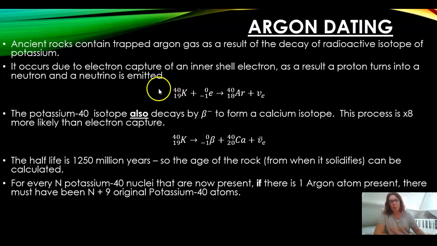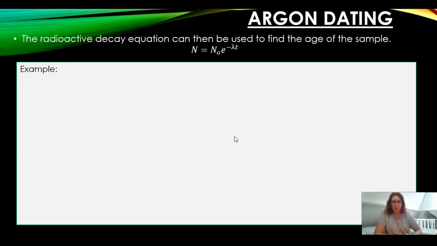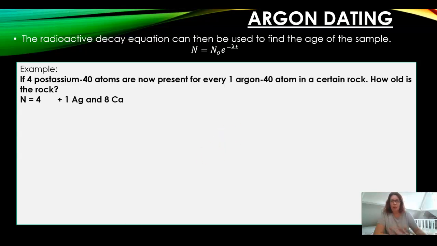So if we go back here, this rock has still got potassium in, four of these for every one of these. It doesn't tell us about the calciums. So the number of undecayed nuclei would be 4, because we've still got 4.